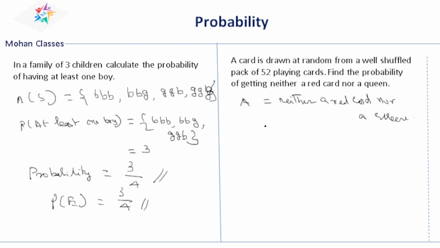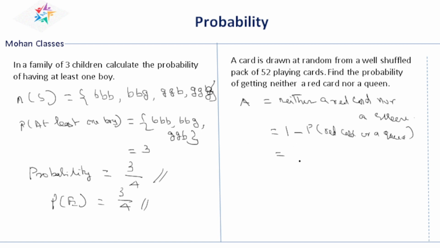So what is that? That means 1 minus P of a red card or a queen, right? Here, neither a red card nor a queen.